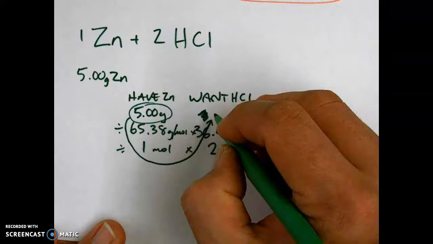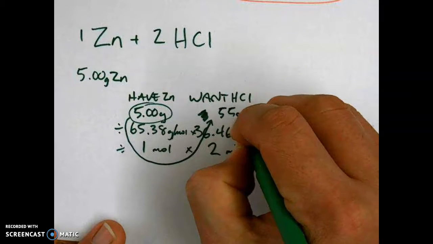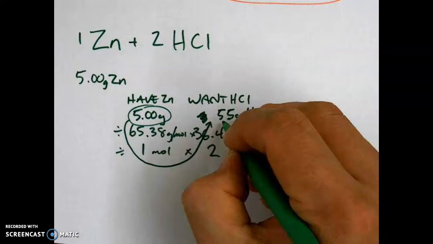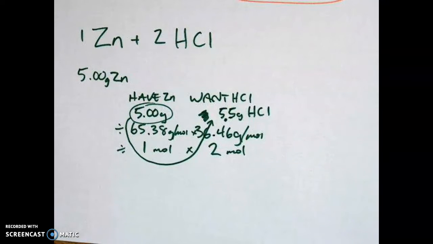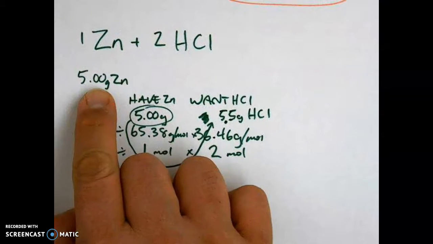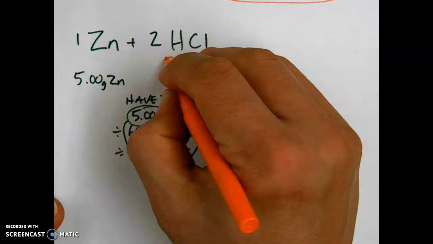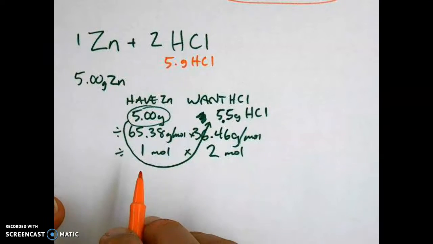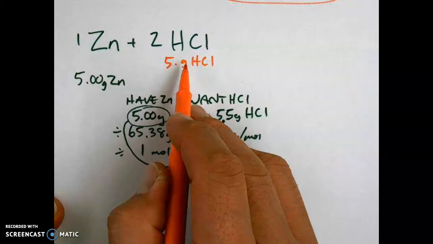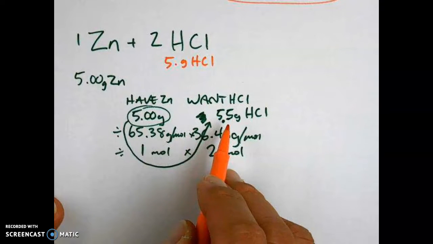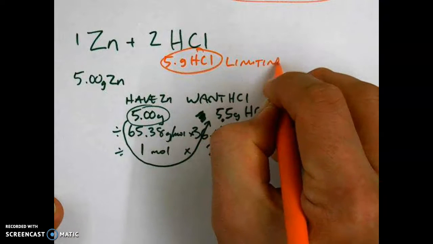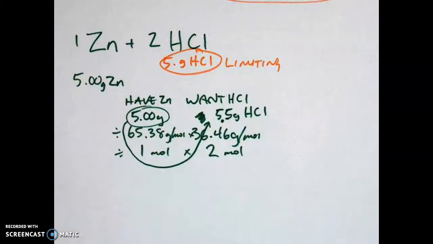Did you guys get 5.5 grams of HCl? Okay, so this produces 5.5 grams of HCl, but I already had 5 grams of HCl. Which one's smaller? 5 grams of HCl is your limiting. Whichever one is smaller is your limiting.